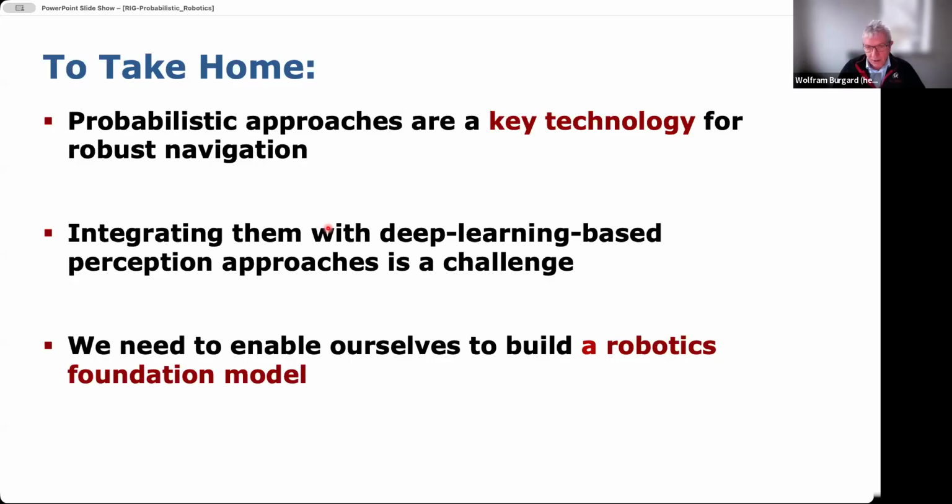The key question now is: can we maybe even build a robotics foundation model that does the same thing at the very same time? I do not know whether I will experience this in my life, but I'm pretty convinced that you young folks will make tremendous progress in that direction. And with that, I want to stop and thank you for coming.